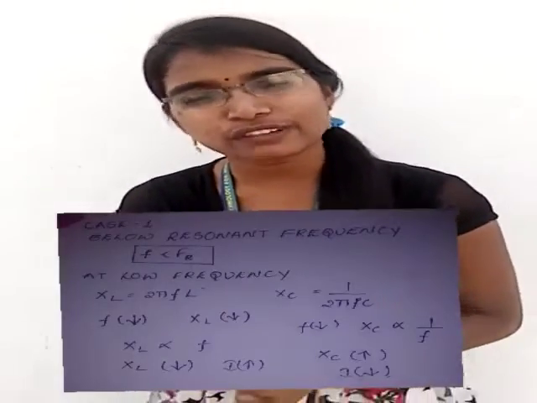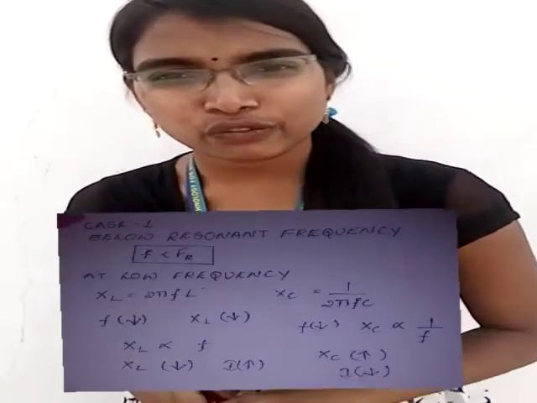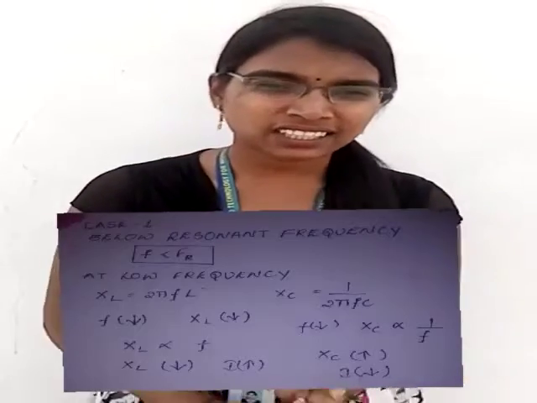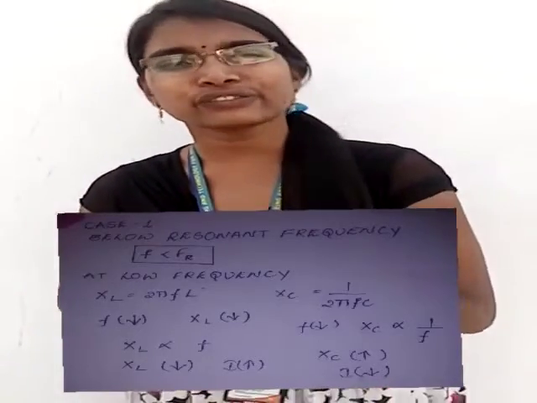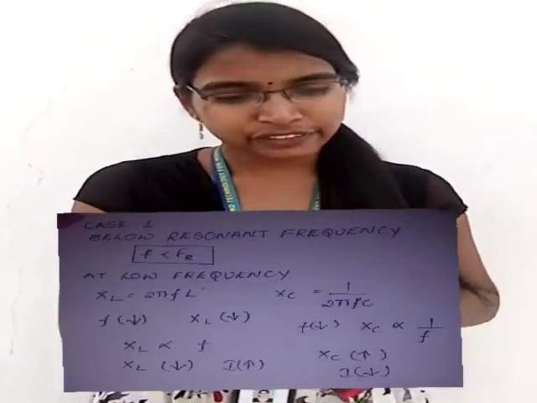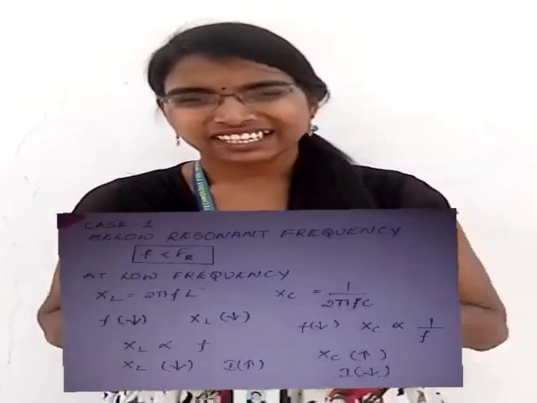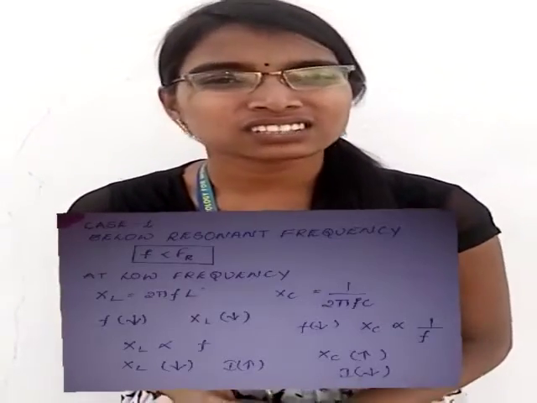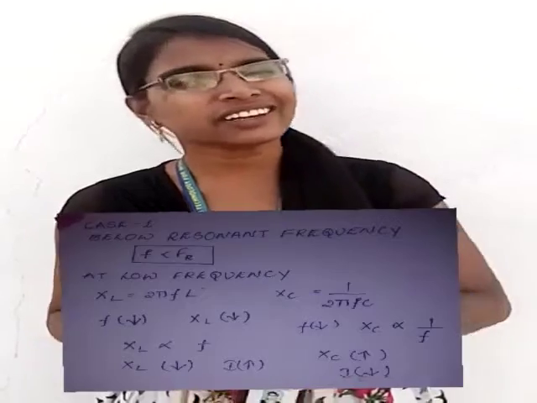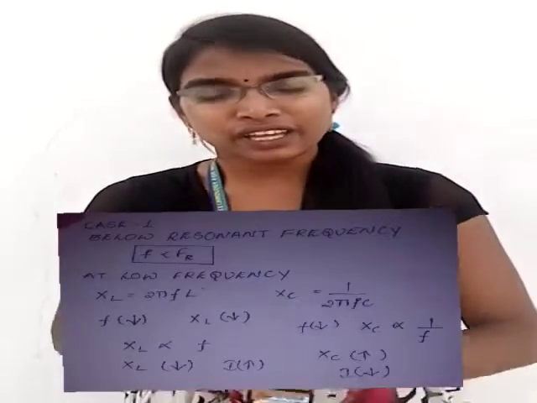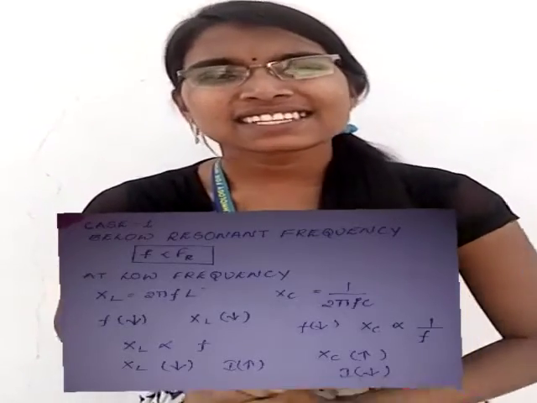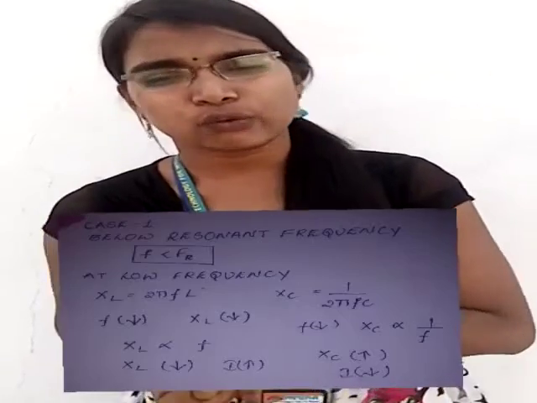Case 1. Below the frequency of resonance. At low frequency, the reactance of the inductor and the reactance of the capacitor. If frequency is increased, inductive reactance also increases. If frequency is decreased, inductive reactance also decreases. Then XL is directly proportional to the frequency.